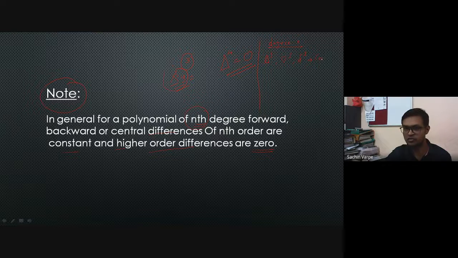There may be 0 also, constant, and delta raised to 4, del raised to 4, or small delta raised to 4, or even delta raised to 5, del raised to 5, small delta raised to 5 and so on. What will all these be? All of these will be 0. Is this clear to everyone? This is very important.